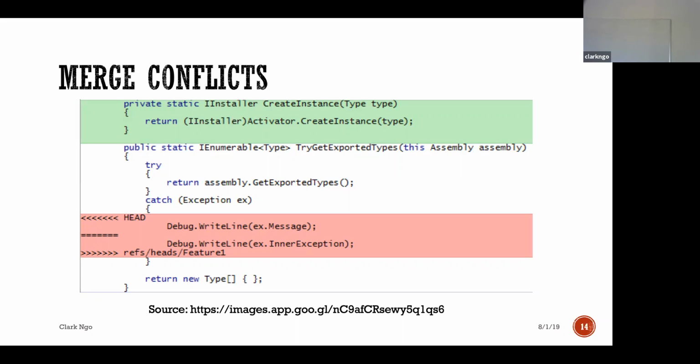If I want to have this exact message because I know that's right, and this is wrong, I would just delete this with backspace, remove everything, and make sure this is the only line that's retained. Or you can even delete all of them, and that resolves your merge conflicts. So if you're like, I don't really know what to do, just delete everything, and good luck to your life.